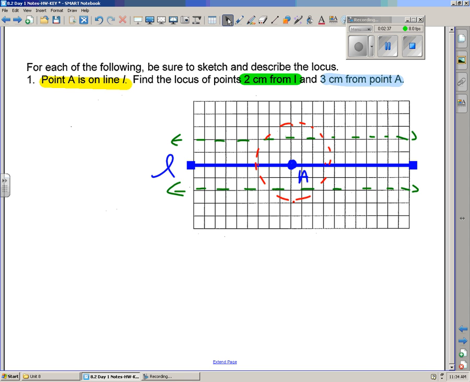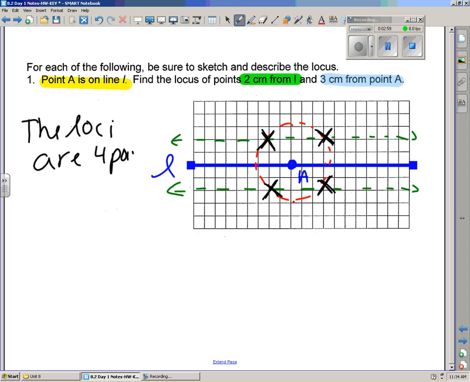As it turns out, the 2 loci intersect in 4 places. They intersect here, here, here, and here. So the answer is the loci are 4 points. If you want to label those points A, B, C, and D, that's fine.